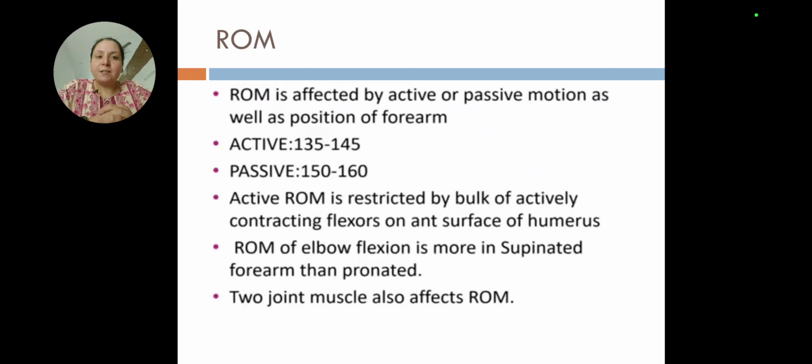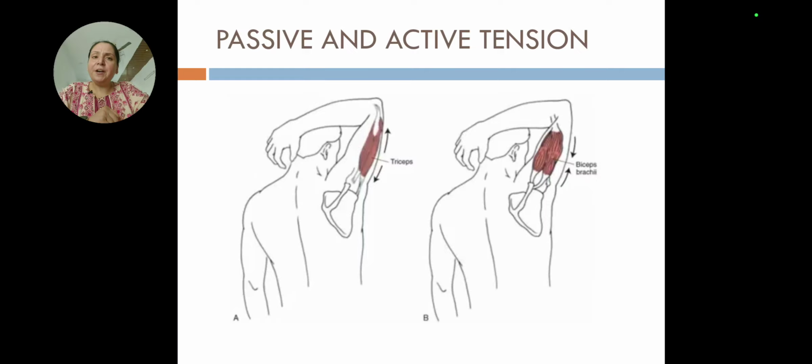So the active range is restricted by the bulk of actively contracting flexors on the anterior surface of the humerus. Range of motion of elbow flexion is more in supination as compared to pronation, and two joint muscles also affect the range of motion. We have already discussed the active and the passive tension.